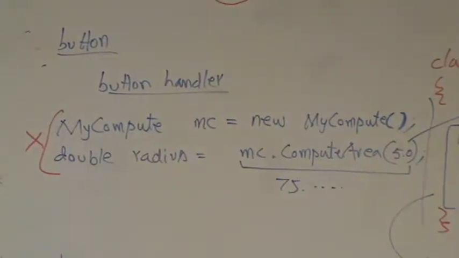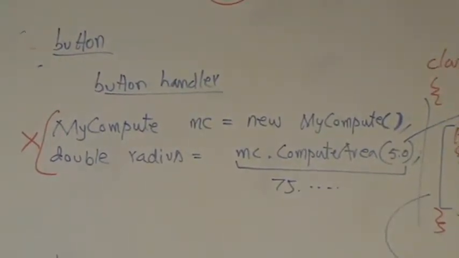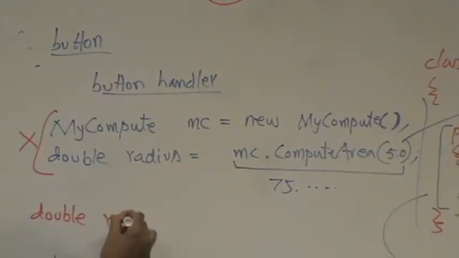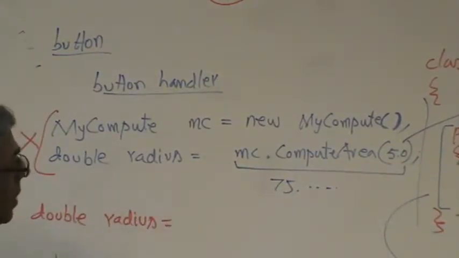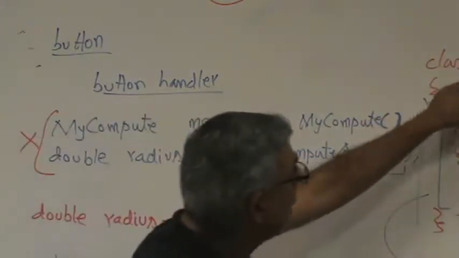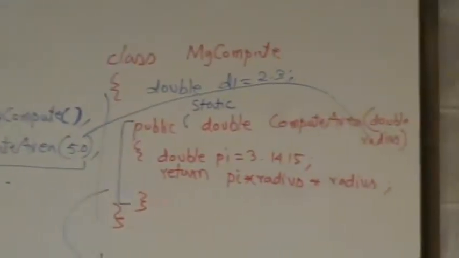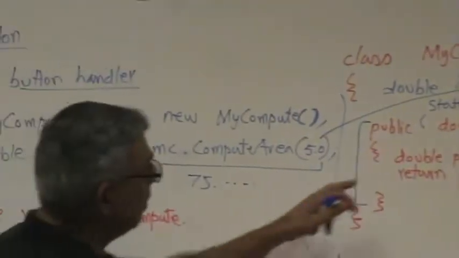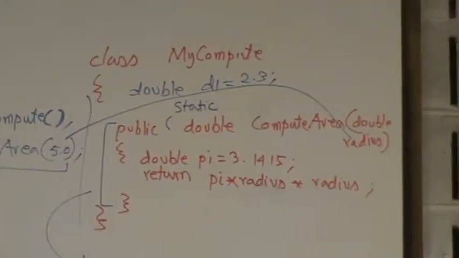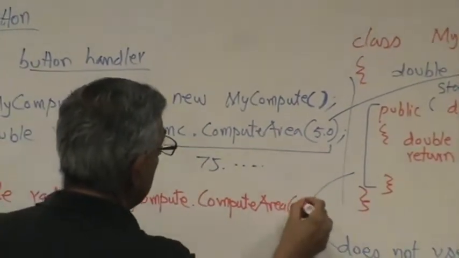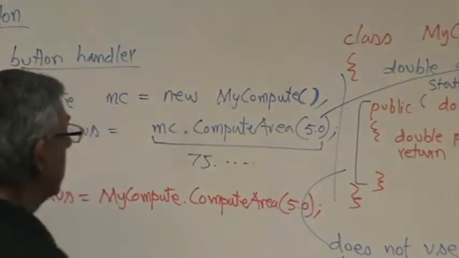Because it's static, meaning totally self-contained, our calling code will now look like this. Radius equal to, name of the class, which is MyCompute, dot, name of the function, which is compute area, and then whatever parameter you wanted to pass.